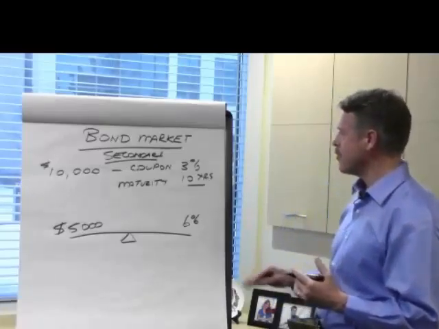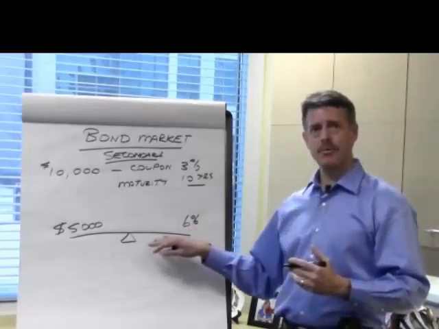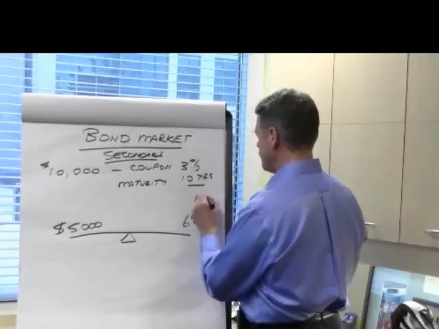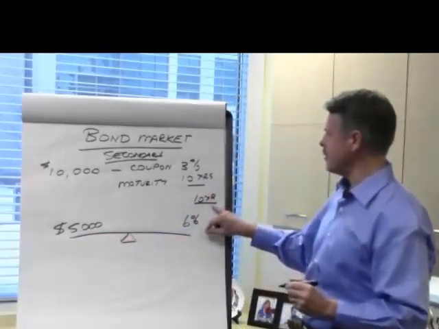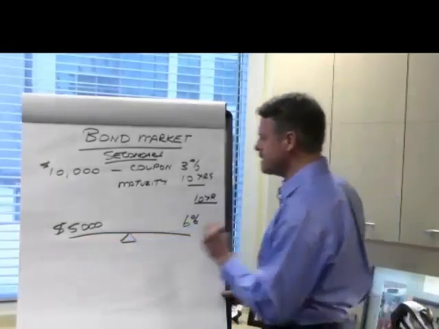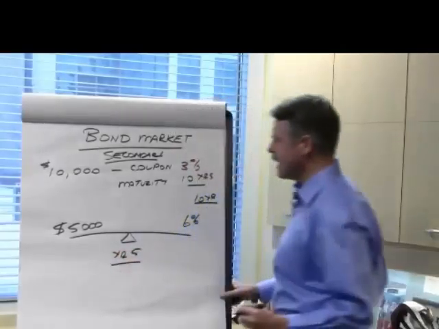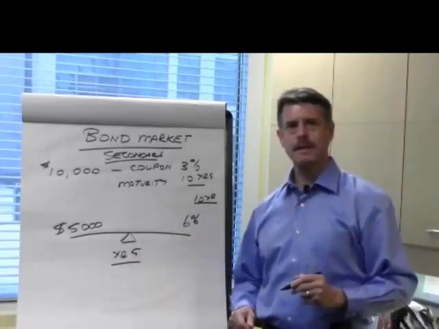Well, one of the things that's going to drive the price of a bond is the bond interest rate and the prevailing interest rate. So let's say that this bond was a 10-year bond. So $5,000, 6% for 10 years. At the end of the 10 years, I get my $5,000 back. But let's say that at year 5, into that holding period of 10 years, I, for whatever reason, needed to liquidate the bond.